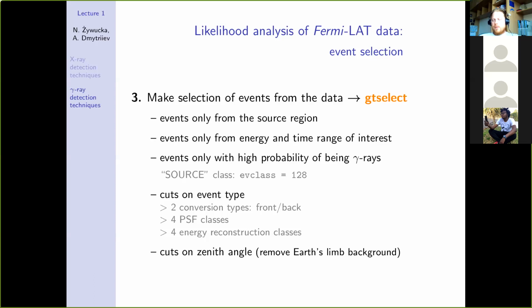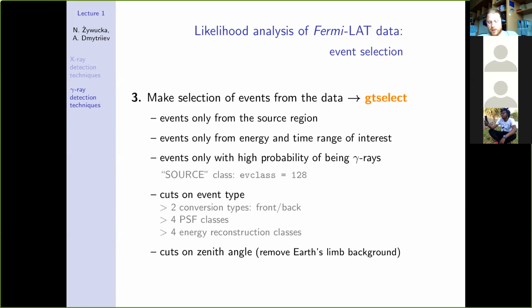So again, gamma rays with high probability and good reconstruction quality, and source class, which is 128. So these are well reconstructed events when we are sure that these are gamma rays. Then we cut on the event type. There are two conversion types, front, gamma rays arriving from the front and from the back, 4 classes of PSF and 4 energy reconstruction classes.